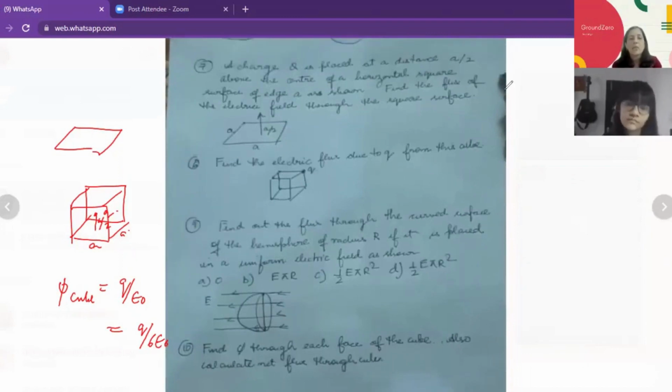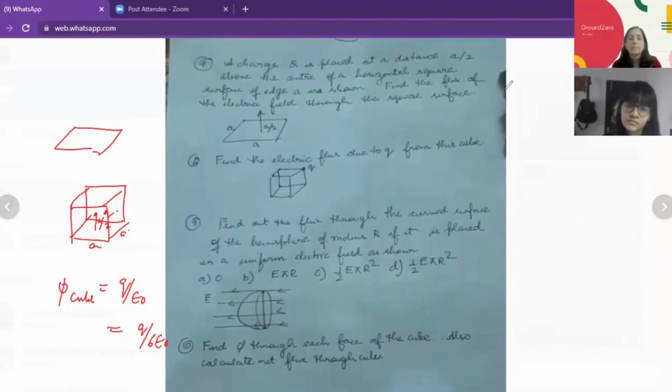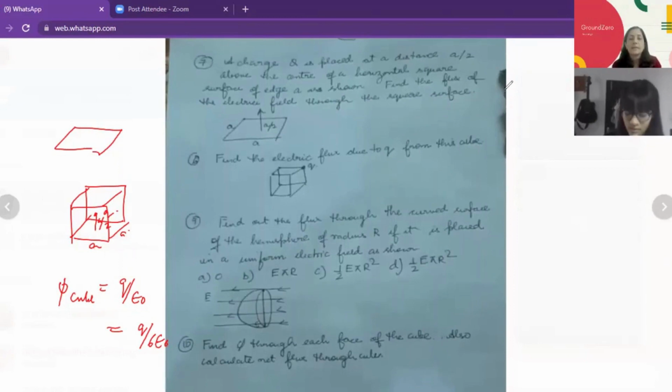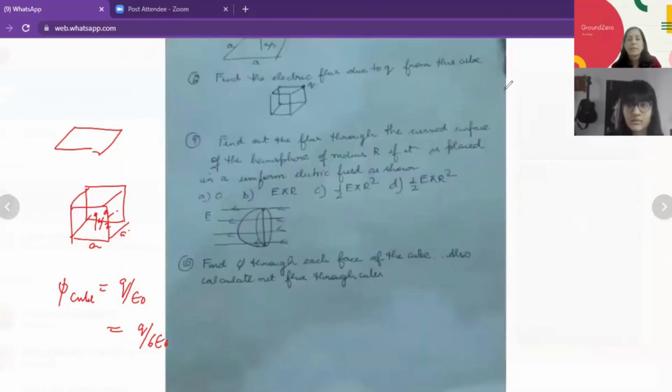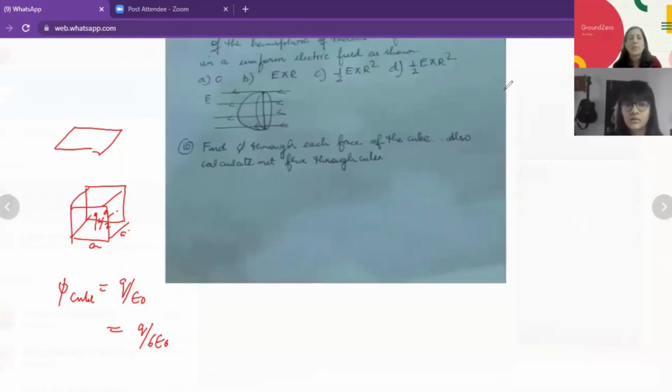And if they ask you what is the flux of each cube face, then Q by 64? No. Q by 48. Yeah, that's the mistake most students make. Now, why? Just see how many closed faces the flux is going through. You have to see only the closed faces, not the open faces.